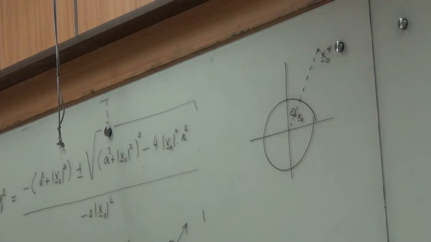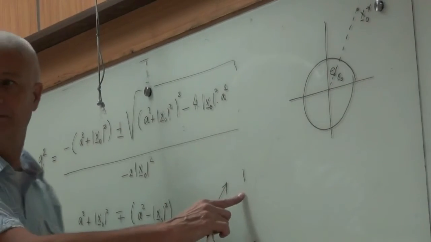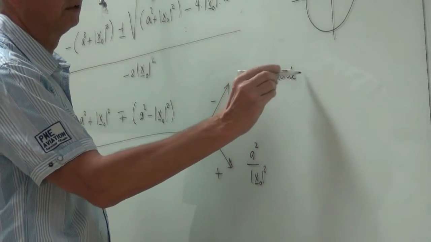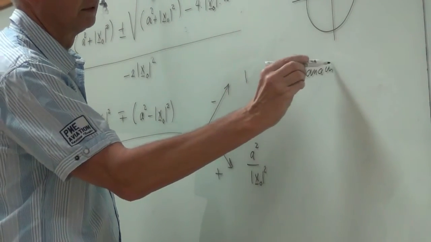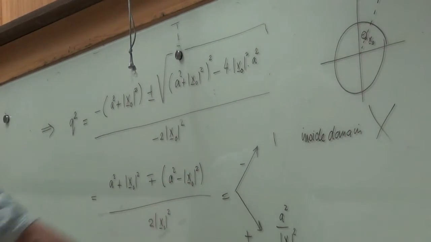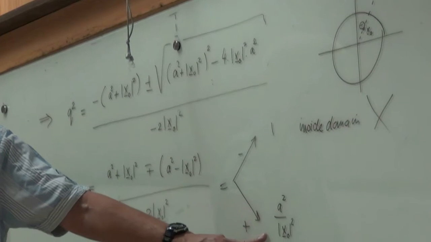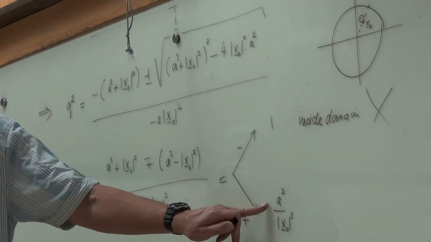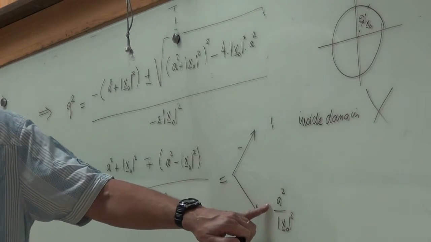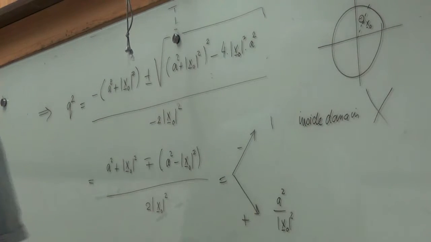But we would like to have the image point, the reflecting point, outside my domain. So this gives me a point inside the domain. I'm not interested in that. That's inside the domain, so cancel. Then look at this point. This point is really outside the domain because a squared divided by x0 squared. x0 squared is within the sphere. This is the radius of the sphere, so that's really outside.